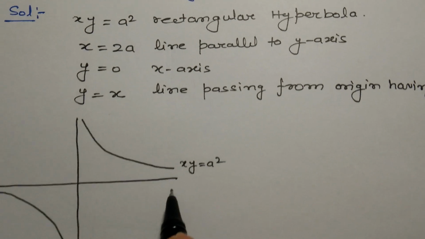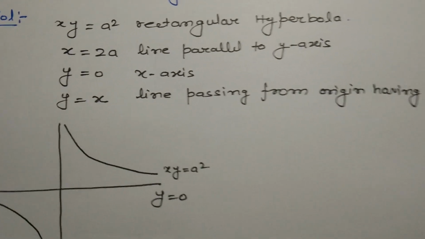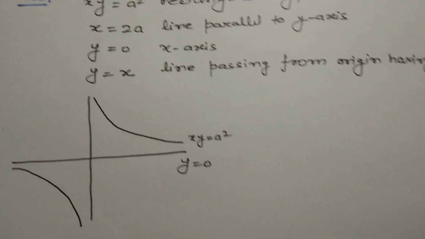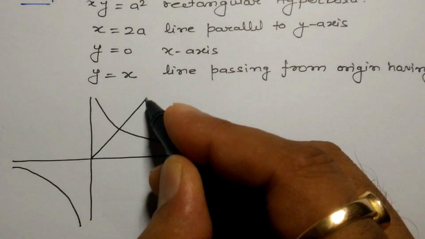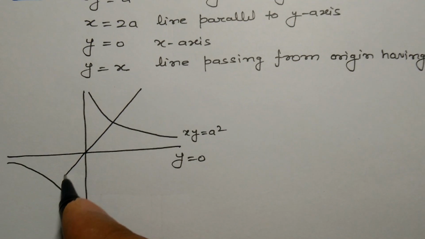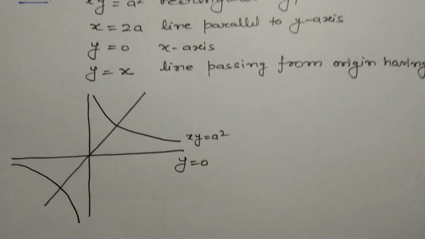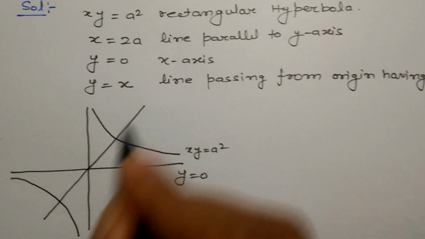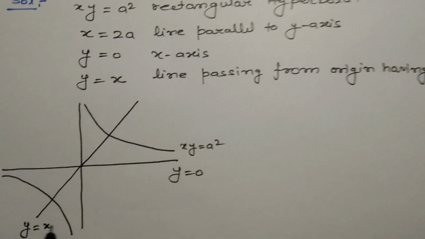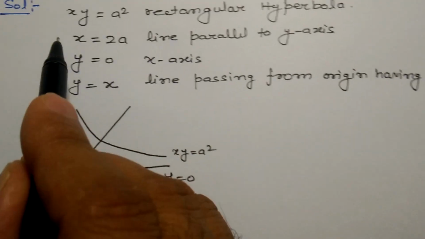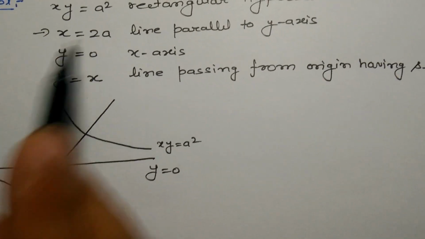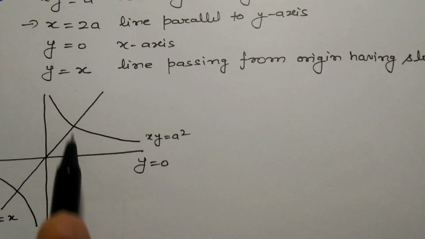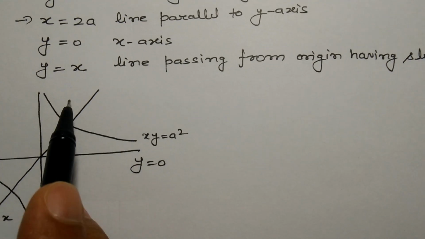Now y is equal to 0 is our x-axis. y is equal to x is the line passing from the origin having slope 45 degree. Now I have to draw this curve x is equal to 2a, a line parallel to y-axis.